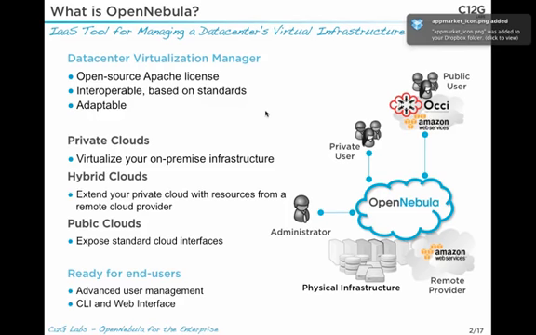OpenNebula also gives you the ability to interface your cloud with public cloud interfaces like Amazon EC2 or OCCI. This makes it possible to offer your internal computing power to external users, with the capacity of having some accounting to then even charge these external users for their computing usage.